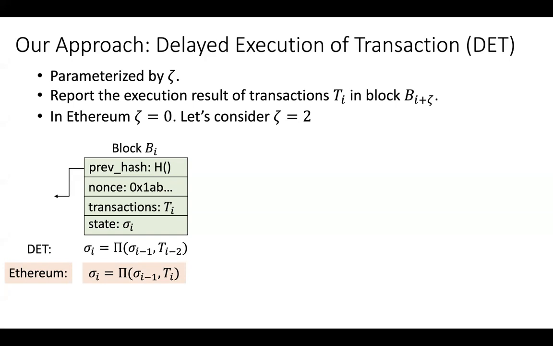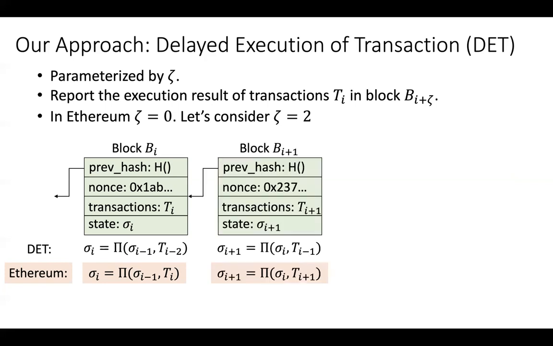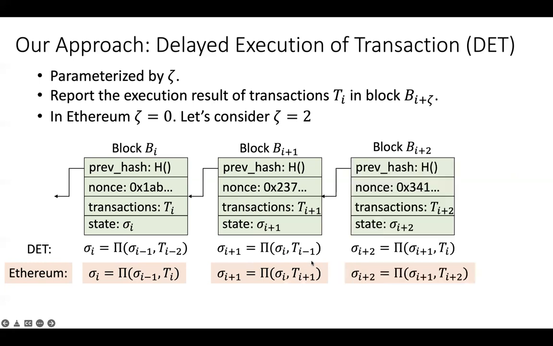If we pick a concrete parameter of zeta equal to 2, this is what we get. Similarly, the sigma I plus 1 in Ethereum is computed using sigma I and Ti minus 1. And the same for sigma I plus 2 as well.